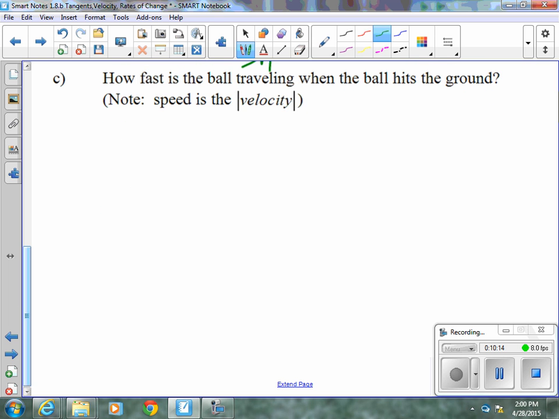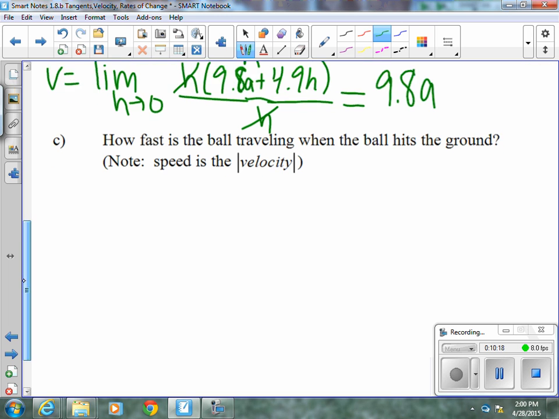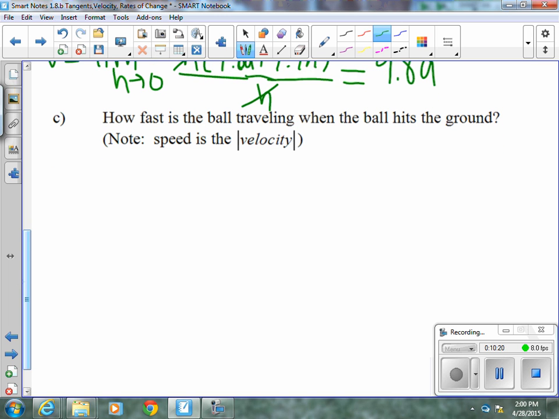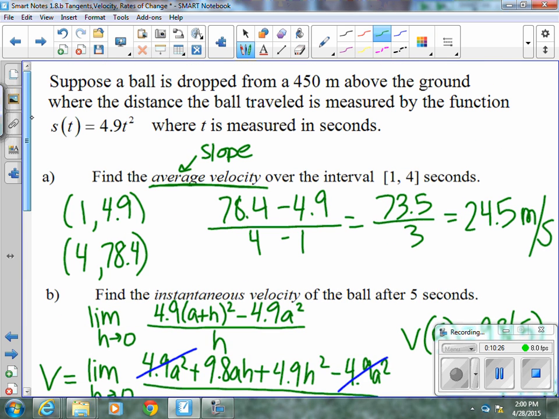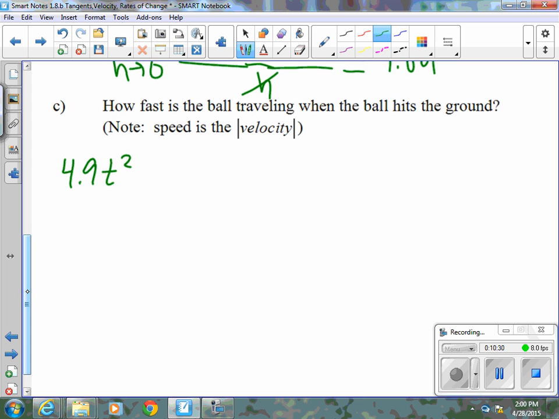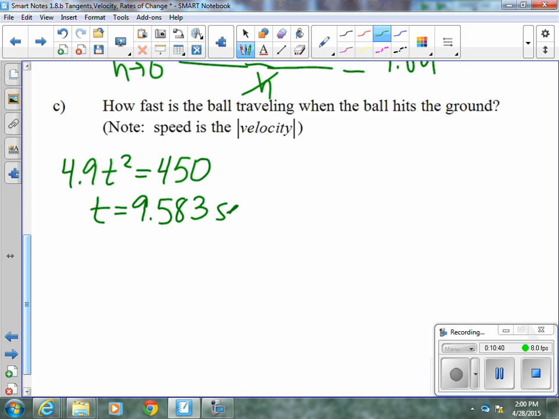Well, first we've got to figure out when the ball hits the ground. And the ball hits the ground after it's fallen how far? When it's fallen 450, because it's being dropped off of a building or something from 450 meters above. We need to solve this for t, and we get 9.583 seconds.